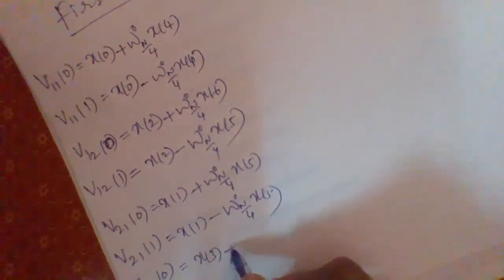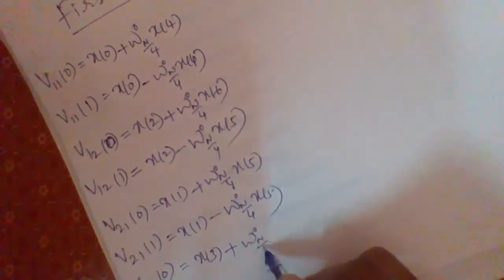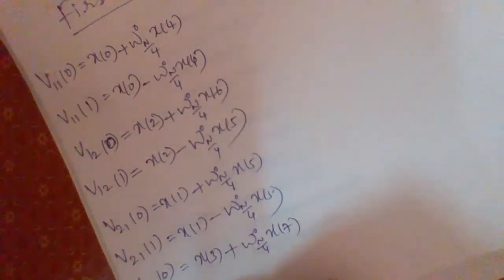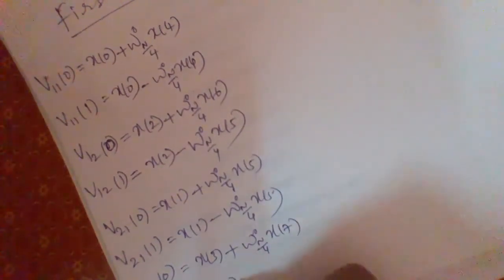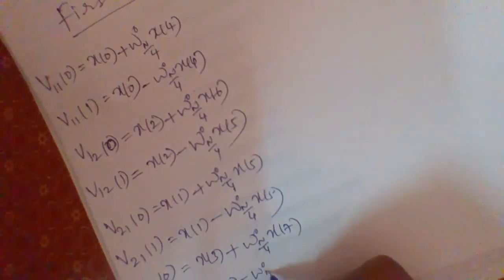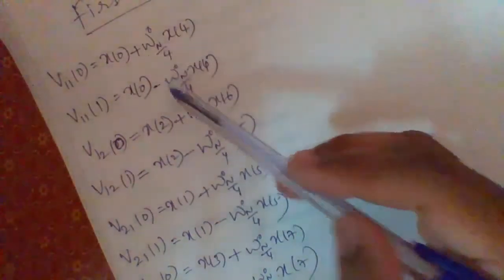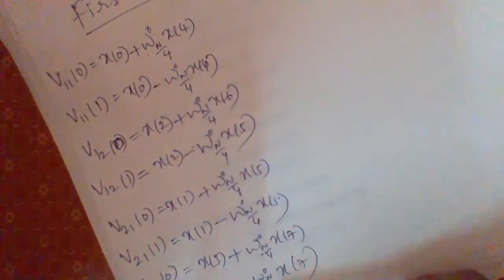And V22 of 0 will be x of 3 plus w raised to 0 n by 4 x of 7. And V22 of 1 will be x of 3 minus w raised to 0 n by 4 into x of 7. So alternatively, plus minus, plus minus, plus minus, plus minus.